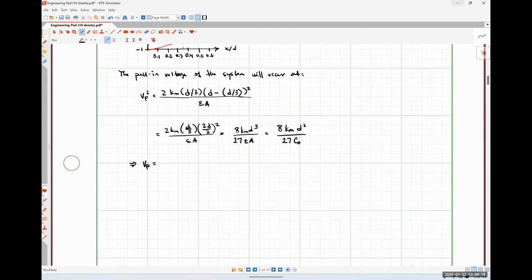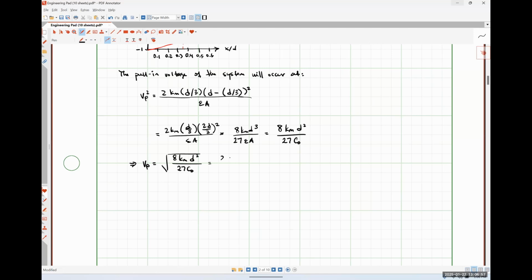So that's going to look like, hold on just a second. I'm just going to throw that whole thing under the square root sign because I'm not entirely sure about the algebra I did there. So let's just put it as 8 Km d squared over 27 C naught. Oh, I think I see what I did.